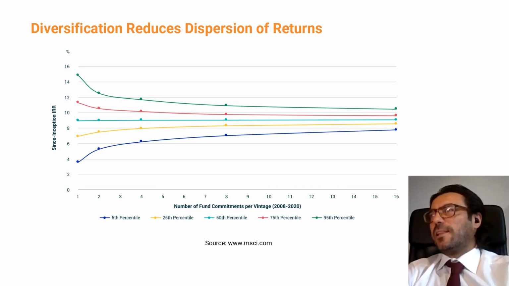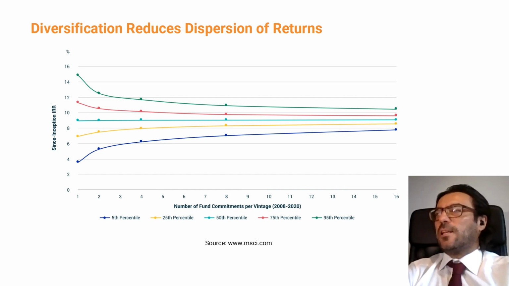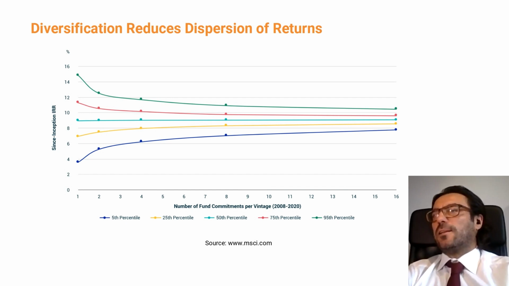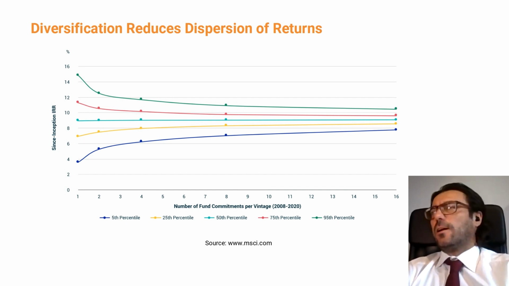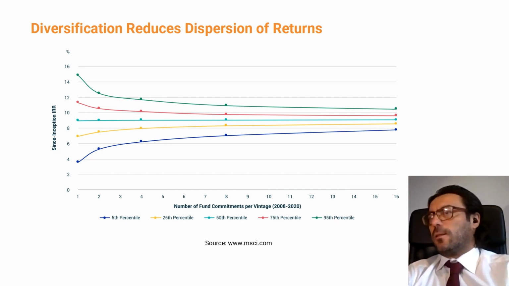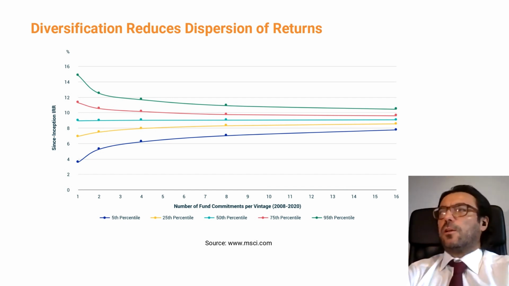Okay, so it is still there. Okay, this in a case where an investor has made 16 commitments every year between 2008 and 2020. So they really had a very, very diversified portfolio of funds. Here, the bottom percentile of returns would have been around 7%.